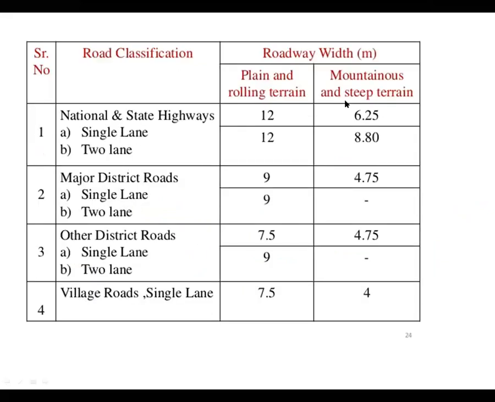These are the general minimum roadway widths which must be provided for national and state highways in plain and mountain terrain. The values are shown here for major district road, other district road, and village road.